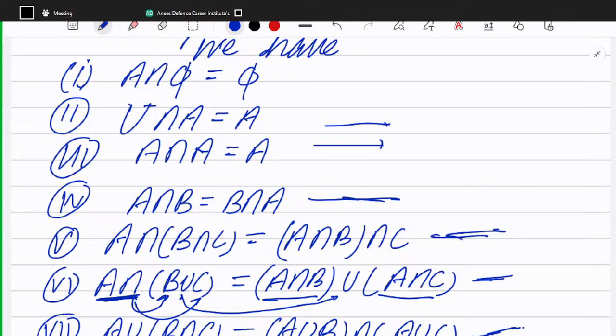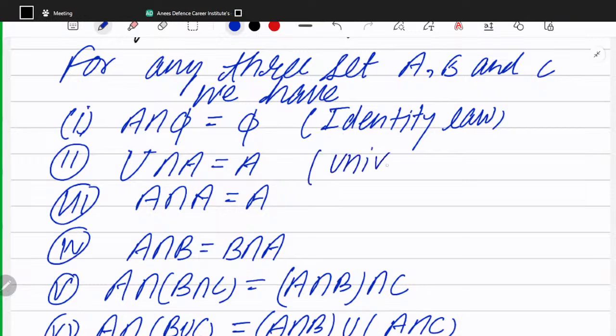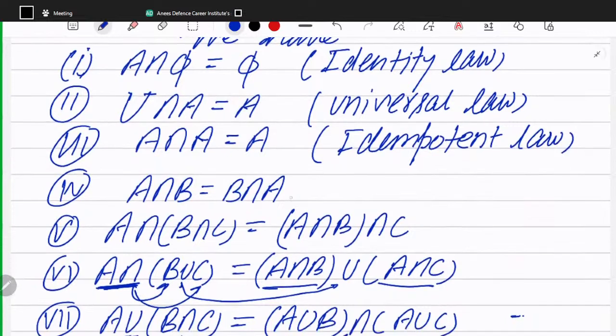Now the next, I'm just writing the names of all the laws. The first one is identity law. The second one is universal law. The third one is idempotent law. This is the commutative law.